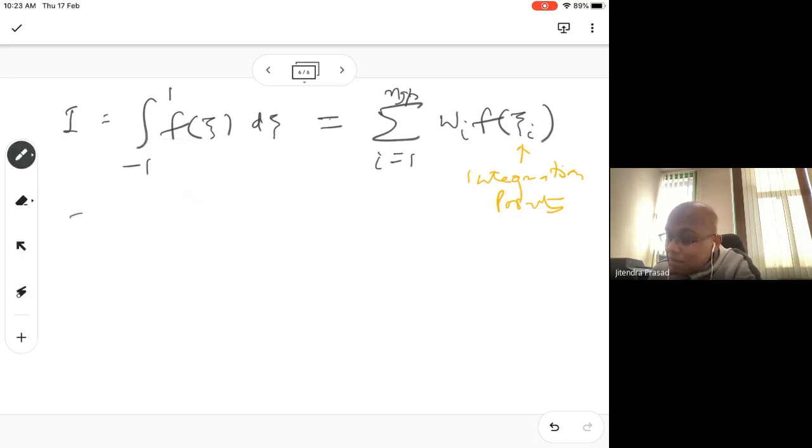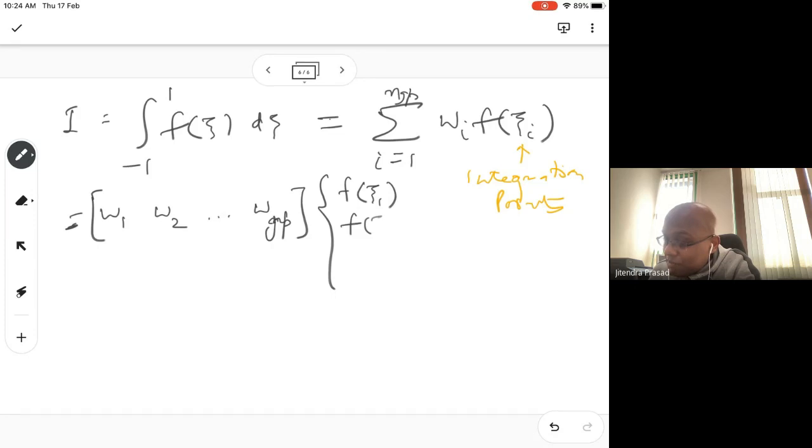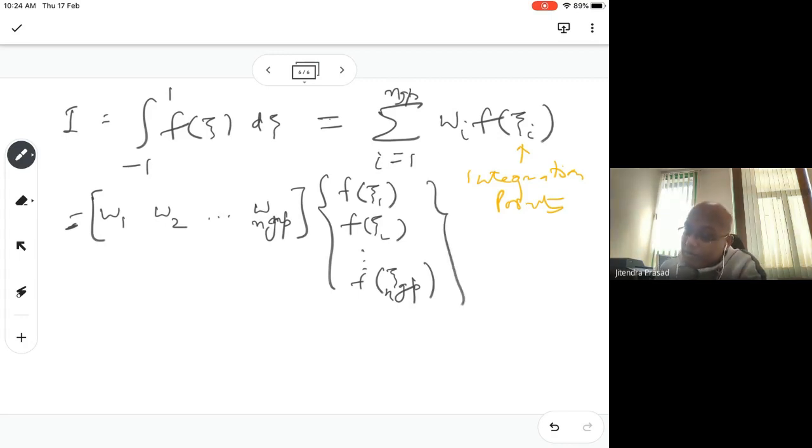So that will be equal to w1, w2, to w ngp, the number of Gauss points, and then we will have f(xi1), f(xi2) to f(xi ngp).